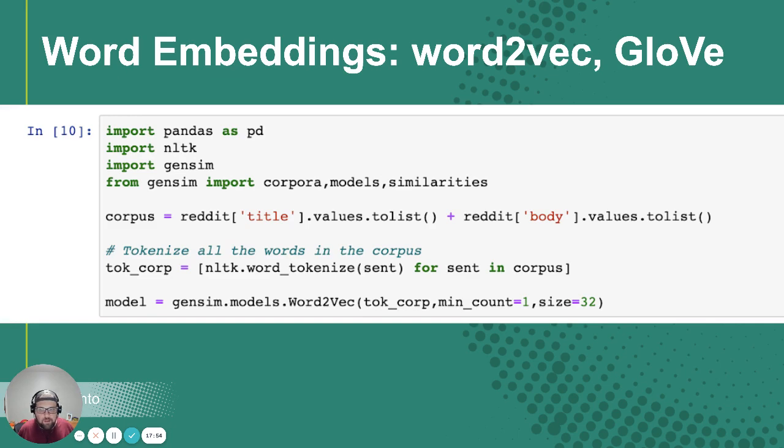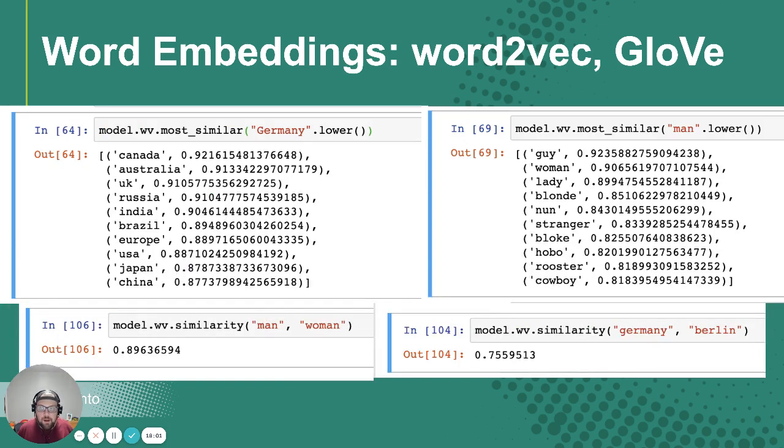So we're using Gensim to do word2vec. It's got some great models in there, and it's pretty cool. You can sort of see how things relate to one another. So Germany in this corpus was highly related to Canada and Australia. Man was highly related to guy or woman or lady.